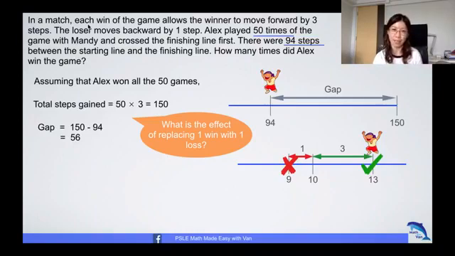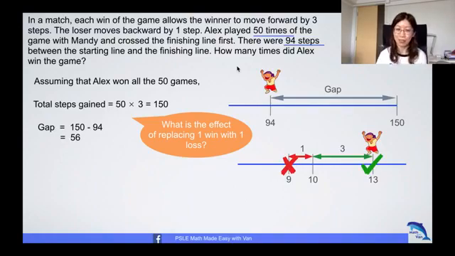So the impact is actually 4. We already assumed that he won all the games, so we already assumed that he was at this so-called 13 steps, when in fact he was supposed to be 9 steps. So the effect of replacing a win with a loss is 4.